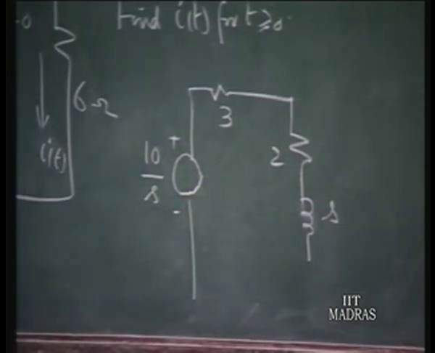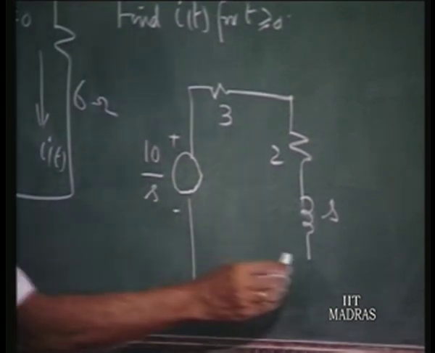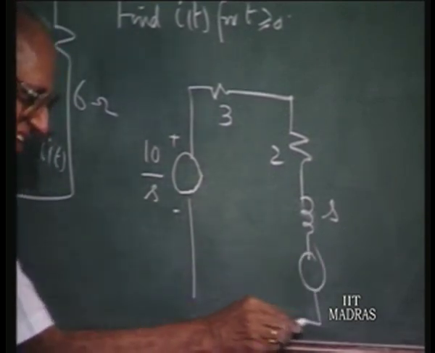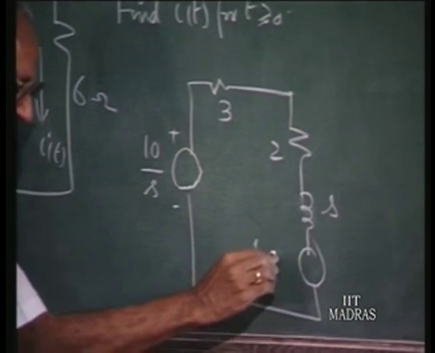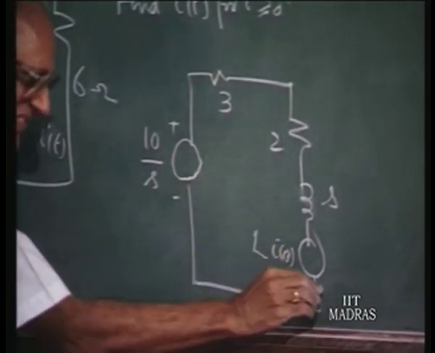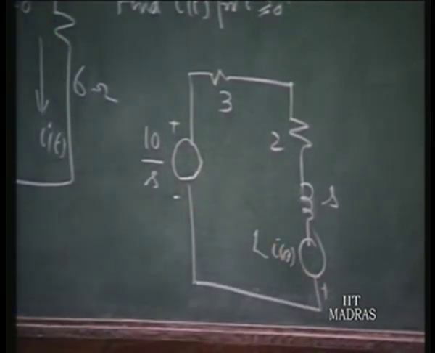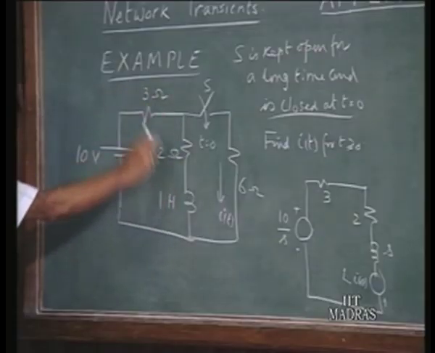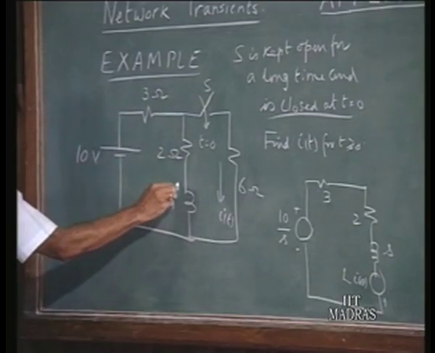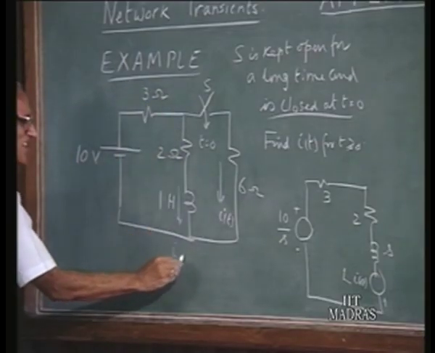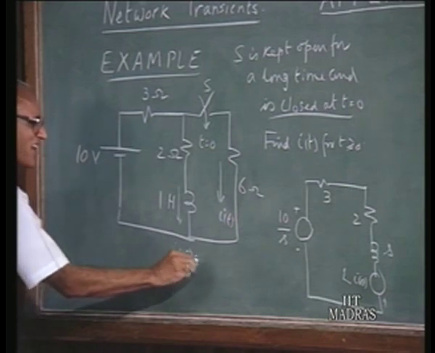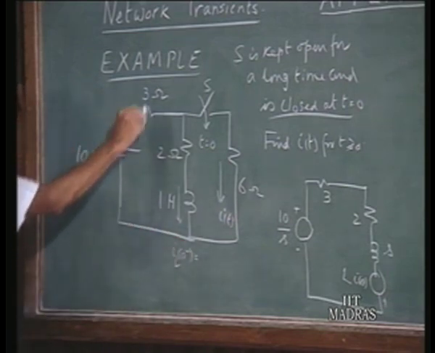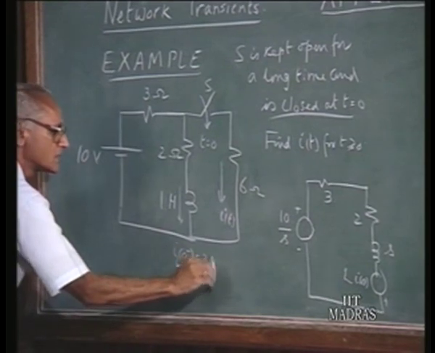But we must also have here Li0, a voltage representing the initial current in the inductor. And what is the initial current in the inductor? When the switch is kept open, 10 volts drives the current through 3 plus 2, 5 ohms. Therefore, the current here, iL(0 minus), is 10 divided by 5, 2 amperes.